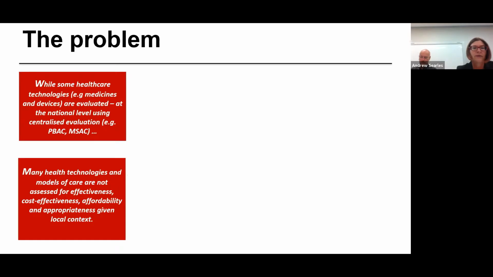So the problem: while some healthcare technologies, as I said before, medicines and devices, for example, are evaluated really well with world-class decision-making processes at the national level, that's not translated at the local level, and many technologies such as models of care are not assessed for effectiveness, and they're certainly not assessed for cost effectiveness or affordability given local context.